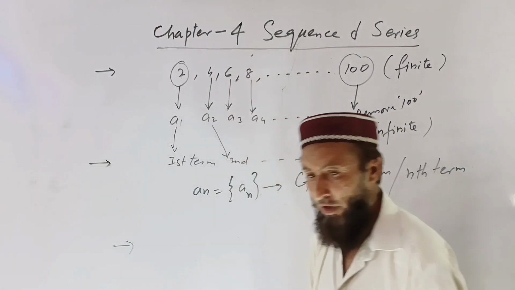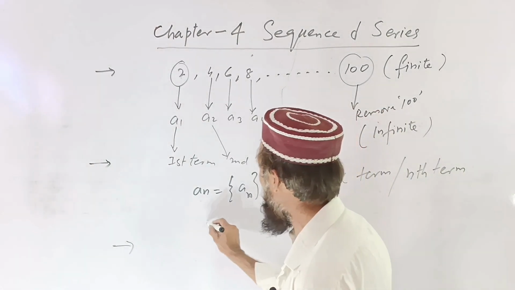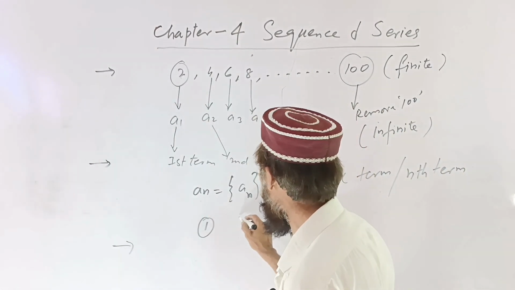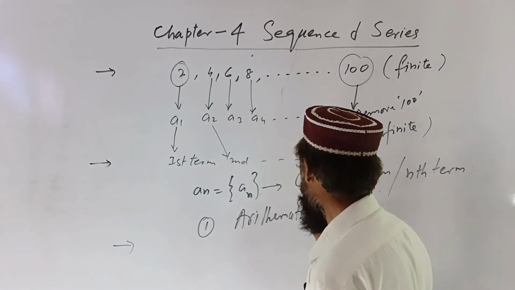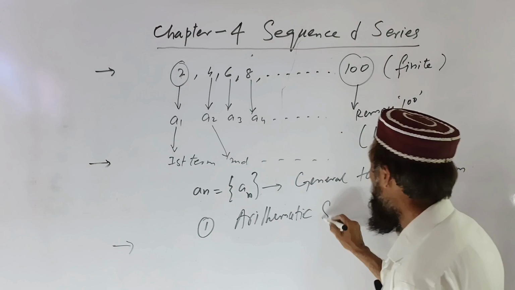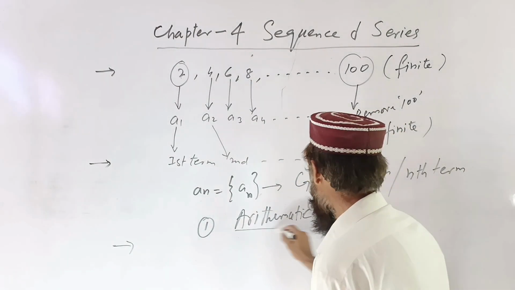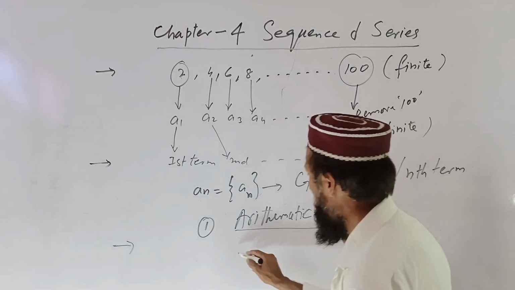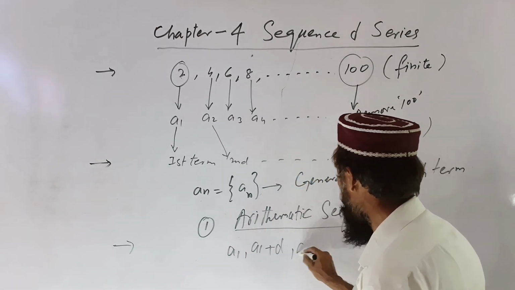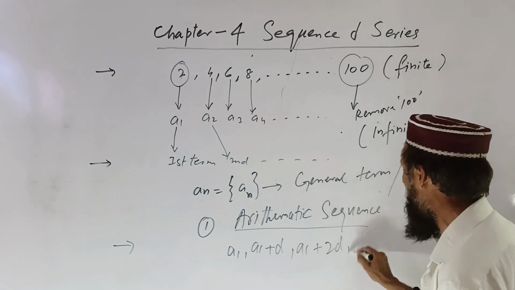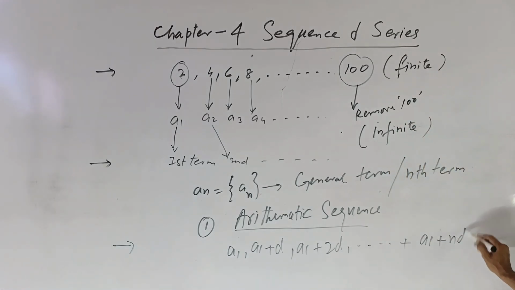Now we are using arithmetic sequence. Arithmetic sequence is the first type of sequence. For example, A1, A1 plus D, A1 plus 2D, and so on, up to A1 plus ND.